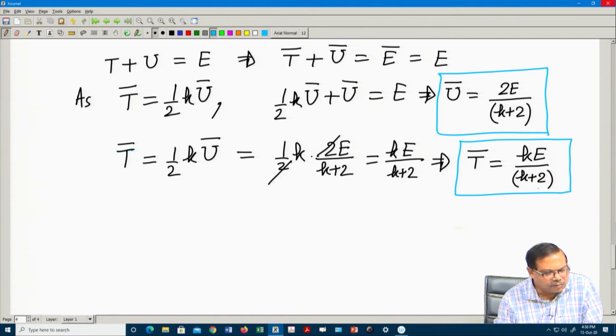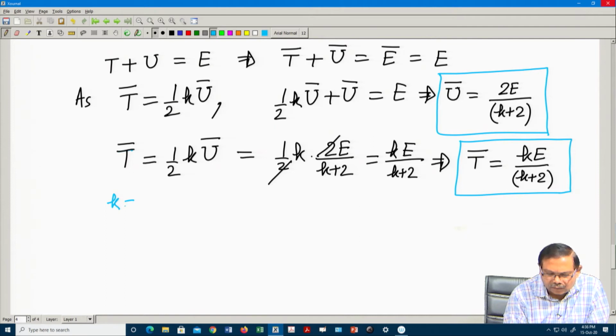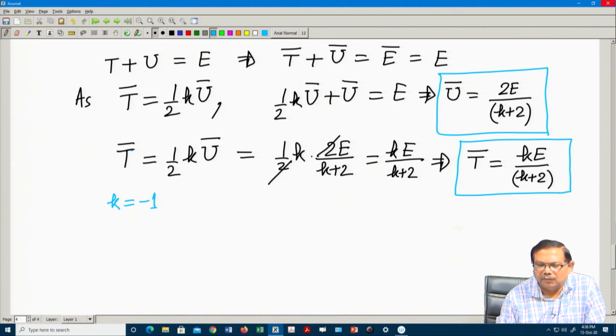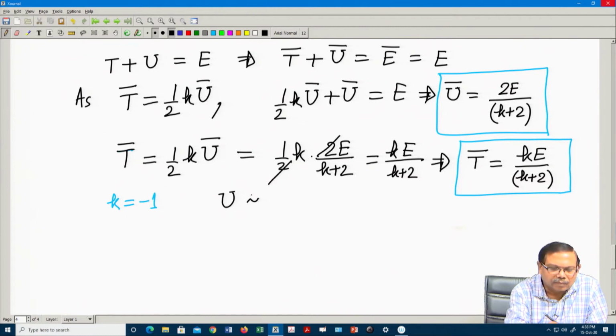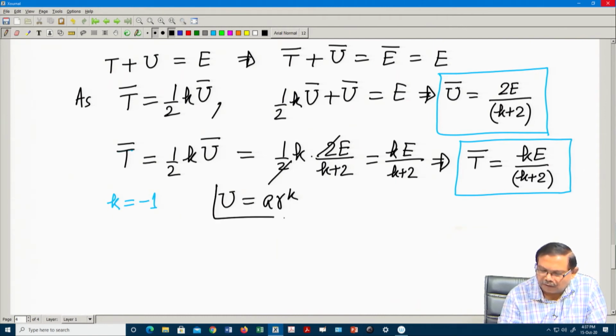So, we have assumed here, let us take k equal to minus 1. We derived this based on u being some constant times r raised to the power k, a homogeneous function.